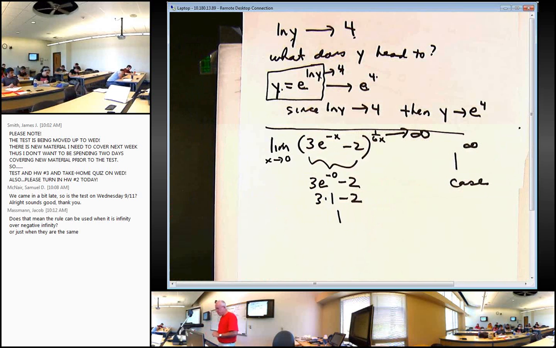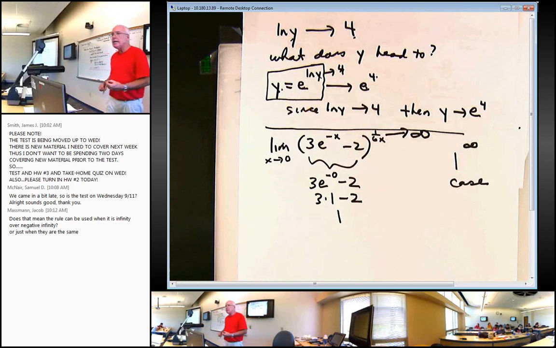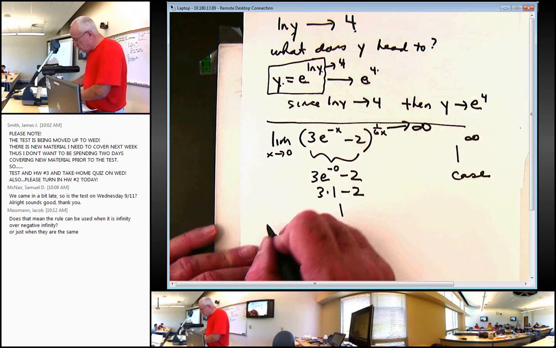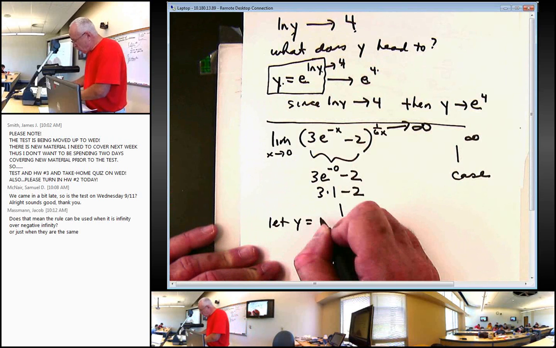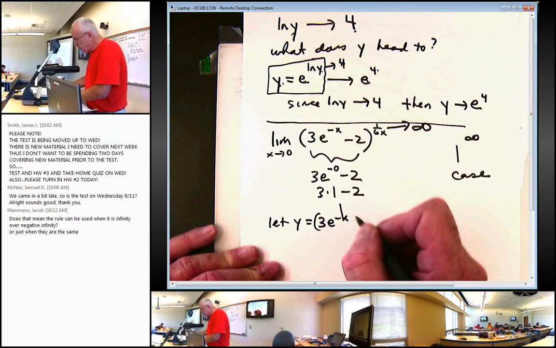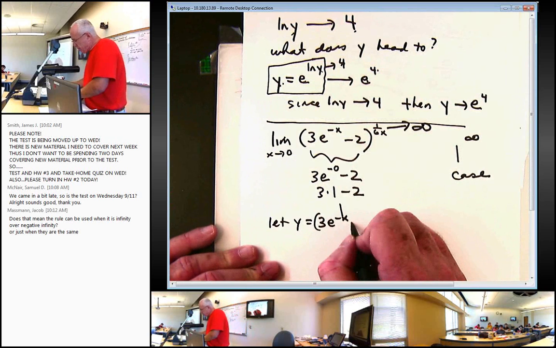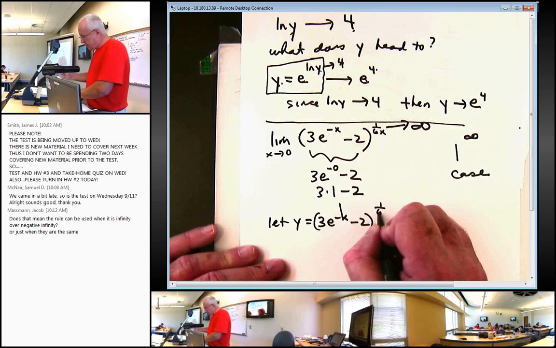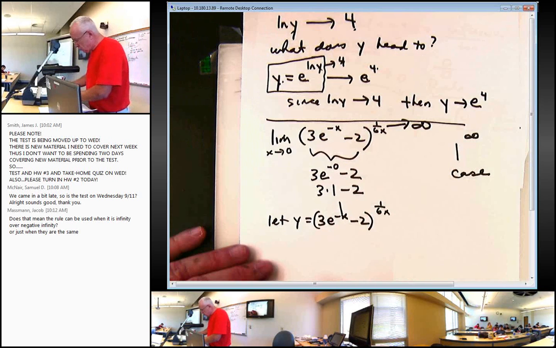All right. So that's our second kind of indeterminate case here. So let's do the natural log. Let y equal, in parentheses, 3e to the negative x minus 2 to the 1 over 6x power, and take the natural log.